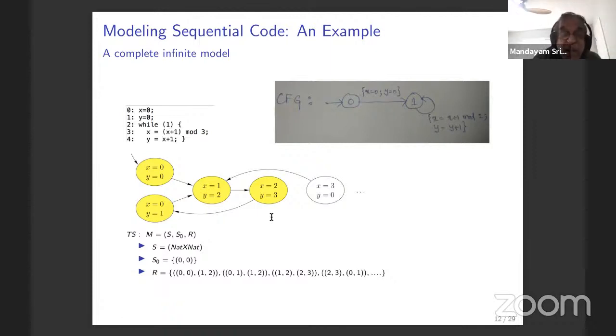That's where logic and automata come into play. Remember that you can view a set of states as formulas. Suppose I have x greater than or equal to 3.